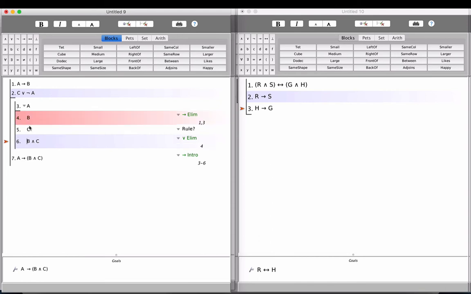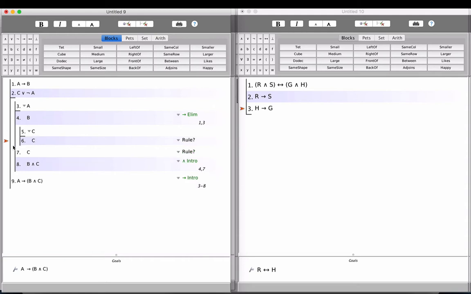I want C so that I can conjoin B and C, and then get back out onto the main line, the main spine, which now is represented by line 7, right? So the question is, well, how am I going to earn C? Well, I know that, as I mentioned before, I'm going to have to use line 2. So if I assume C, and I reiterate C, I've inferred C from one side of the disjunction.